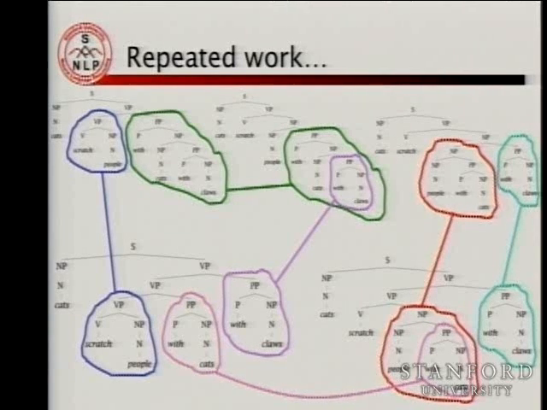It's a little hard to get a sense of why repeated work is the killer problem when you're just looking at 5-word sentences. So I've labeled it a bit further, and I have this 7-word sentence, cats scratch people with cats with claws, which is licensed by my same teeny grammar, and which starts to be big enough to show the problem of repeated work.